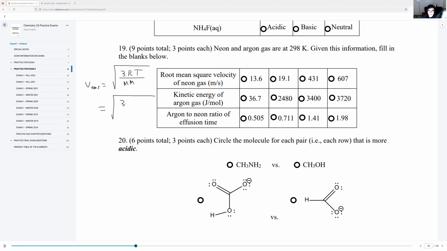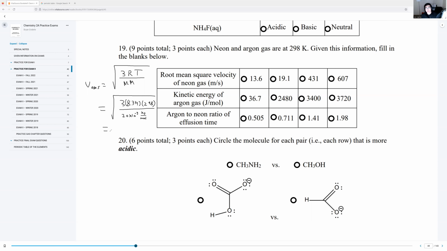So this is 3 times 8.314 times the temperature, which is 298, over 20 times 10 to the negative 3 kilograms per mole. I'm just going to round here. It's 20 grams per mole, so to go to kilograms, you're going to get a smaller number, so I'm dividing it by 1,000, essentially.